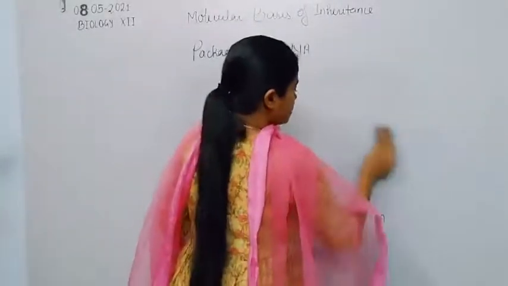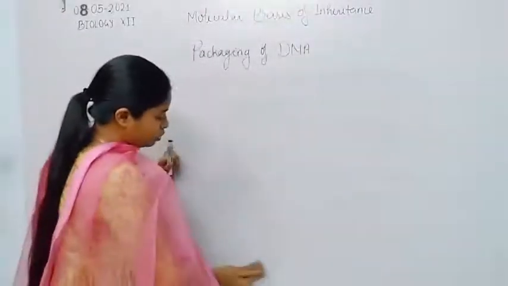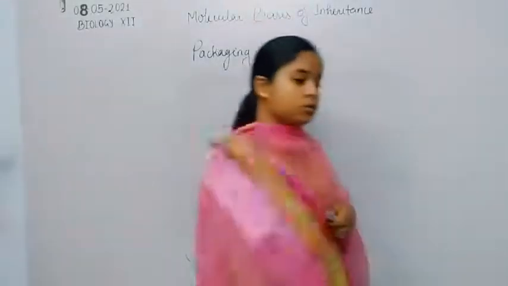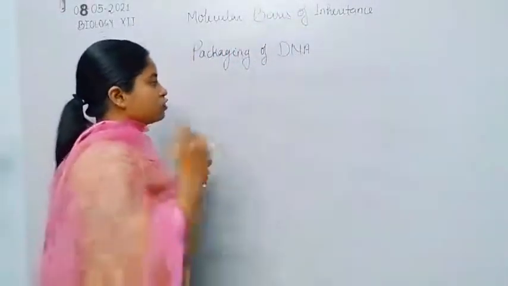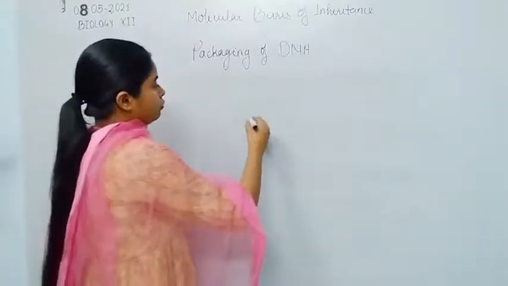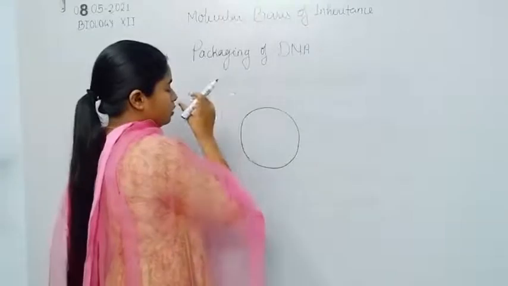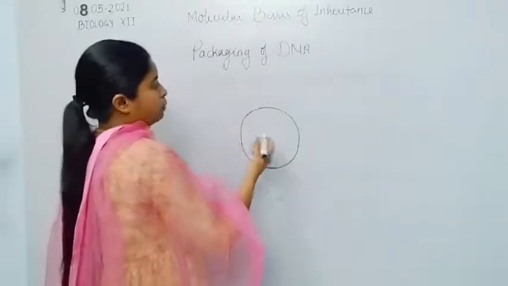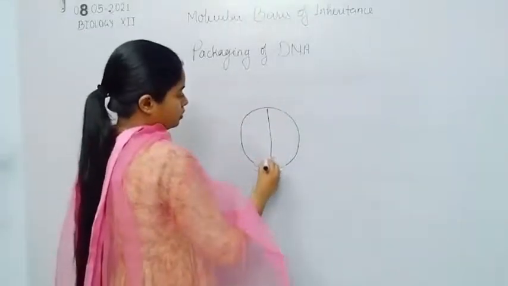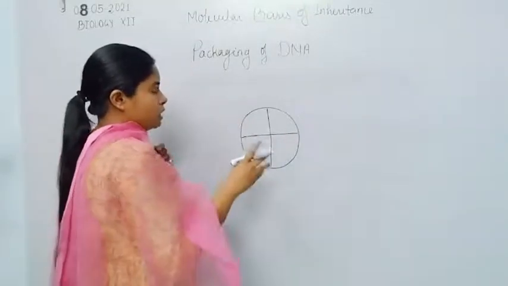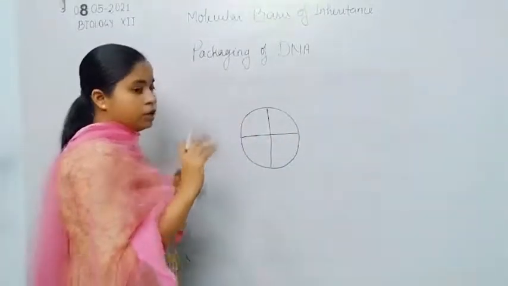Now, if we discuss the structure of the nucleosome, the structure of the histone protein is an octamer protein. This octamer protein is present in two units.